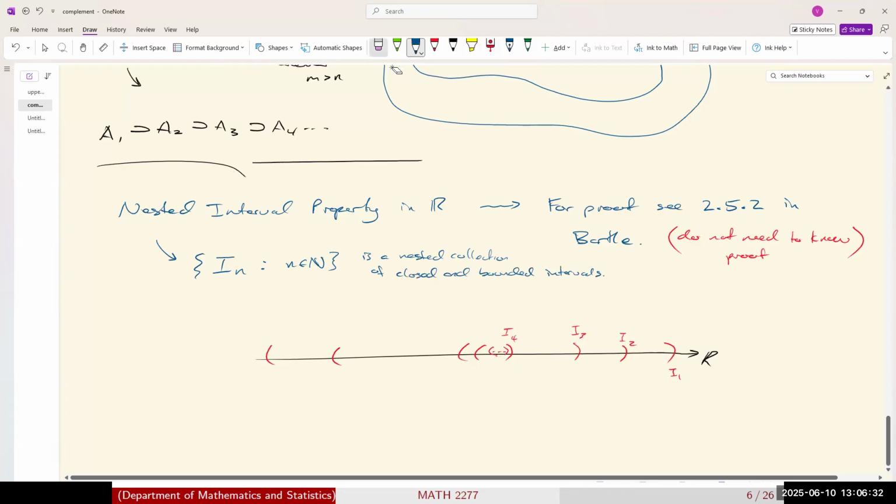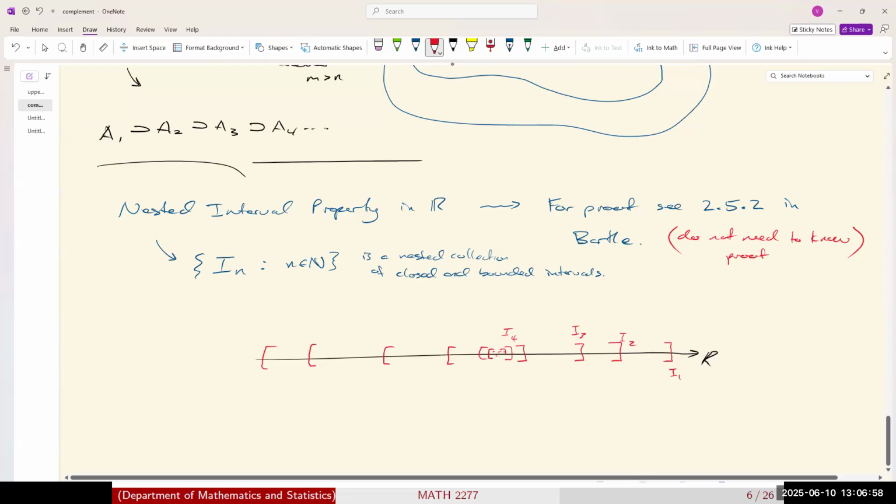Right? So I drew the wrong thing. How I drew it here is correct, but the interval should be closed. So the intervals need to be closed intervals for this to work. So here's I2, here's I3, here's I4, and so on.